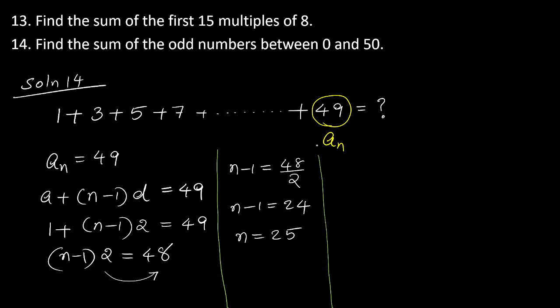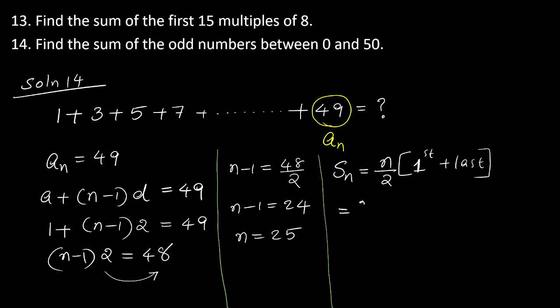So the summation, I want the Sn. Real understood. Sn has two formula. Since the first term and last term both are available, we have another formula. n by 2 into first term plus last term. We use this formula only if the first term and last term are available. Otherwise, n by 2 into 2a plus n minus 1 into d.